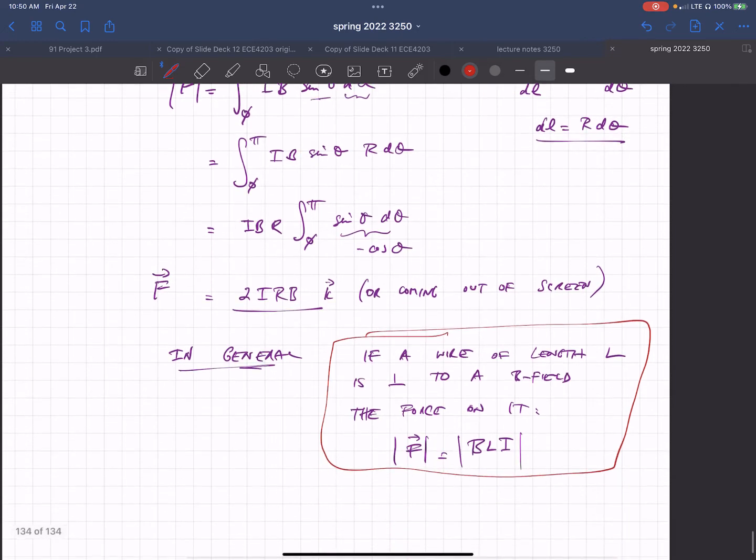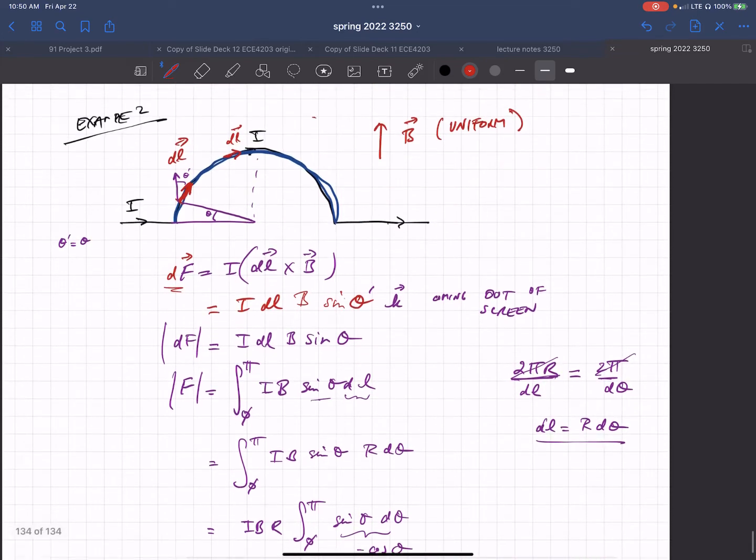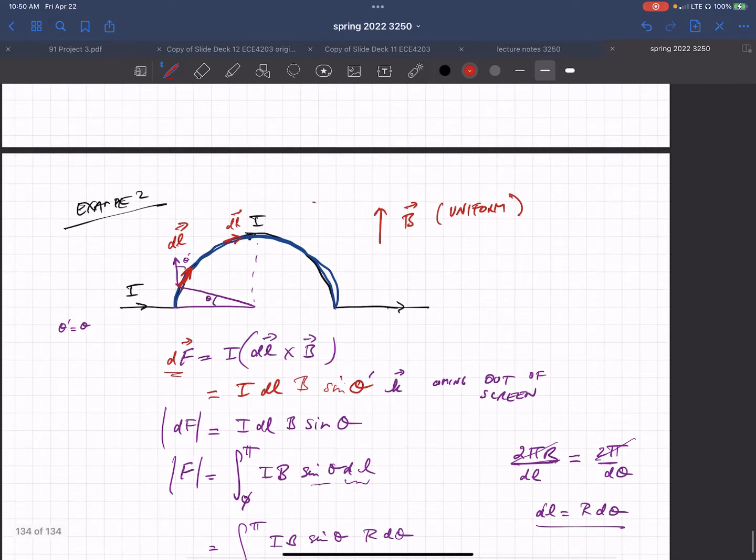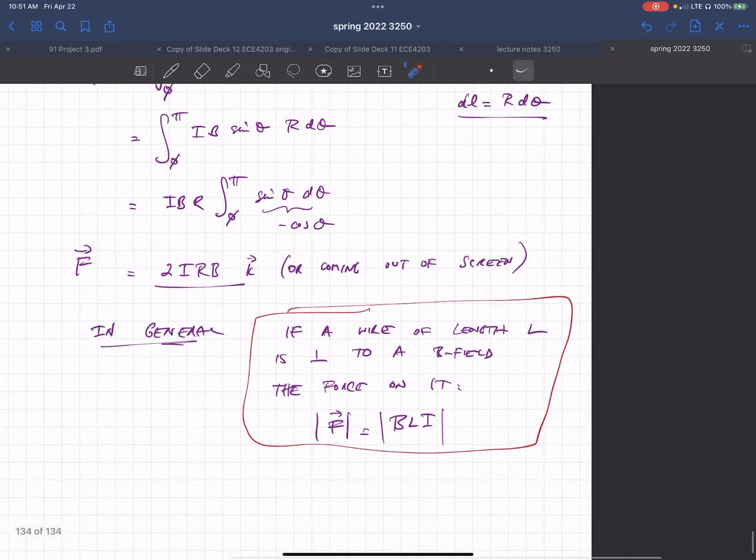And it turns out that if the wire is not fully perpendicular to the B field, as in this case, we basically figure out the component that is perpendicular to the B field. So this shadow of the wire running perpendicular to the B field is actually R plus R, that'd be 2R.